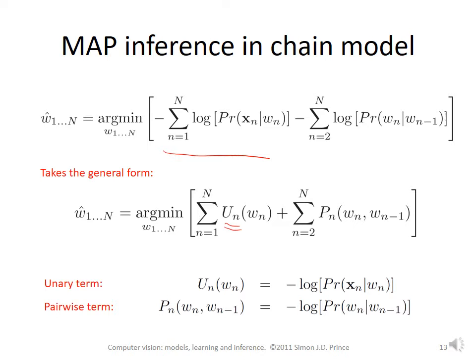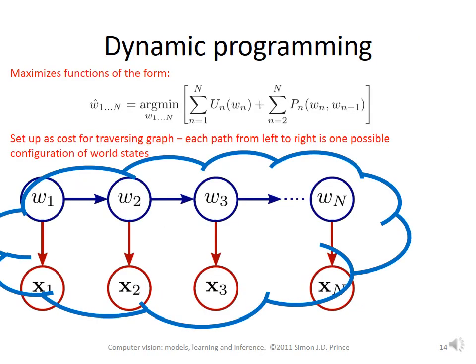And the other term is the pairwise term because it's looking at two sites. It's looking at Wn and Wn minus 1. Because we've moved to log space, these are now sums instead of products. And so we can think of this unary term and this pairwise term as these things that can get added together. And this will be handy when we start performing inference.